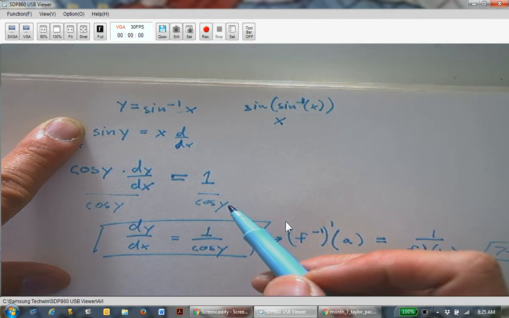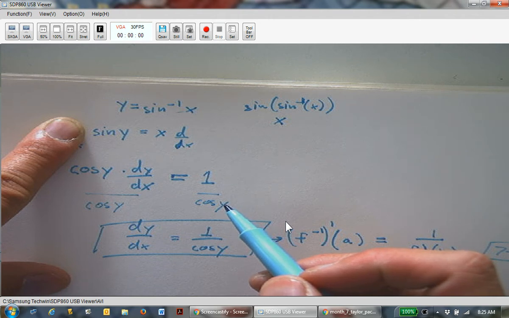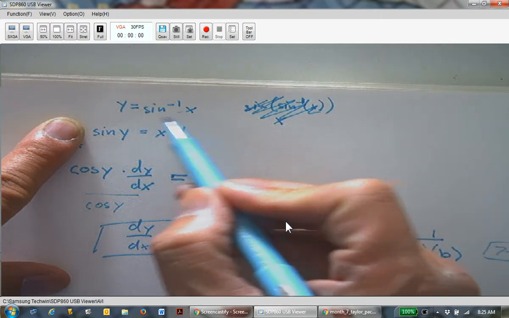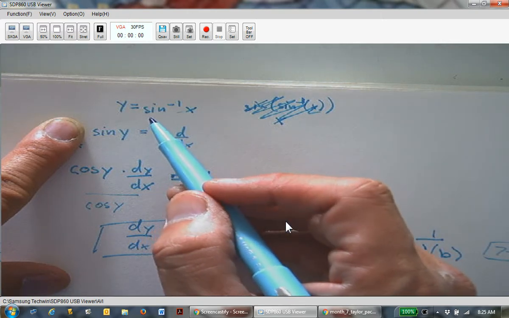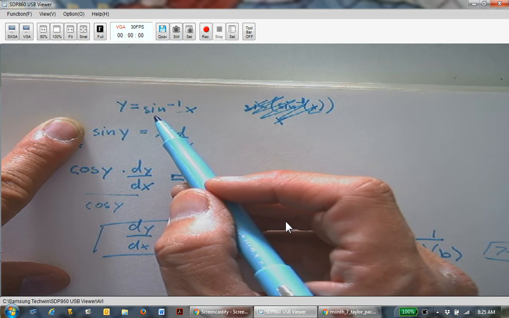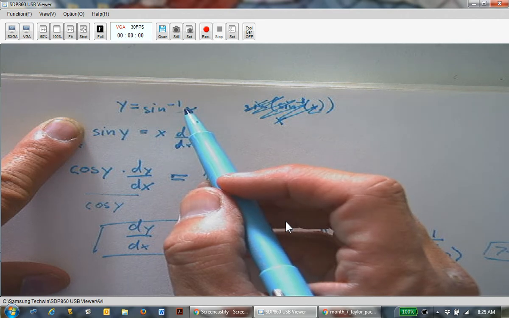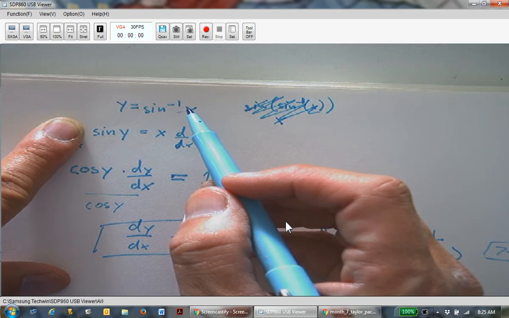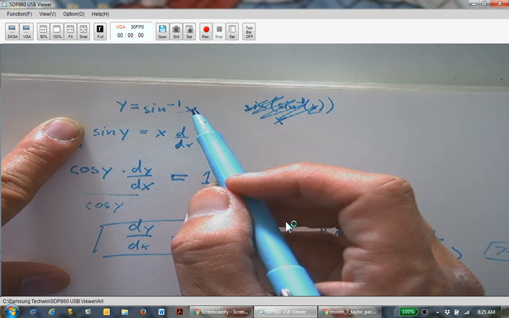Then you just bring it to the other side. Or you could divide by inverse sine, and then it would be y divided by inverse sine, and then you could just change it to sine of y. Yeah, or sine of y.